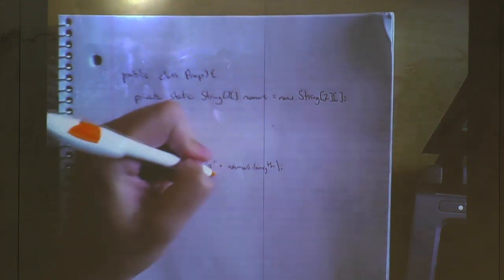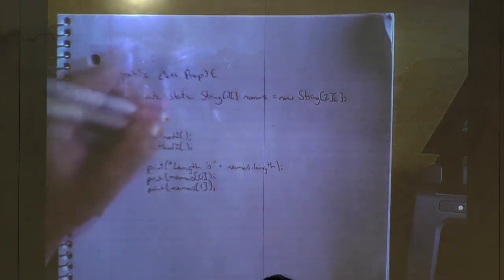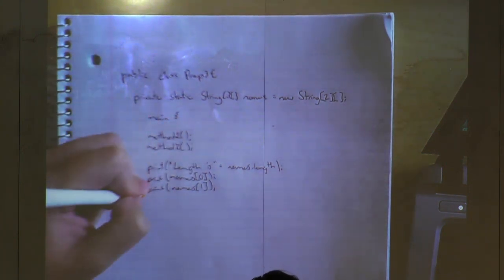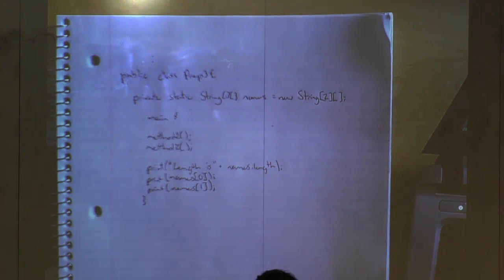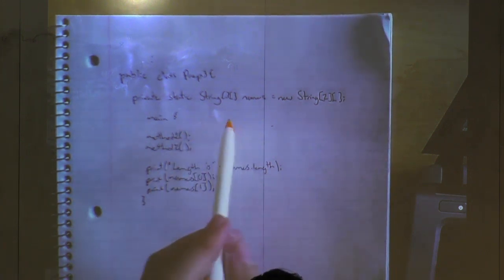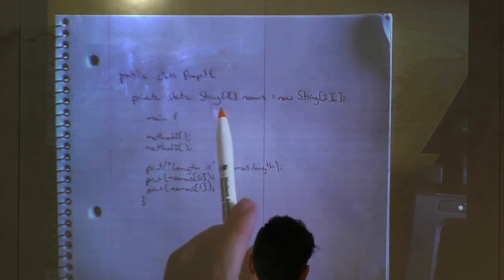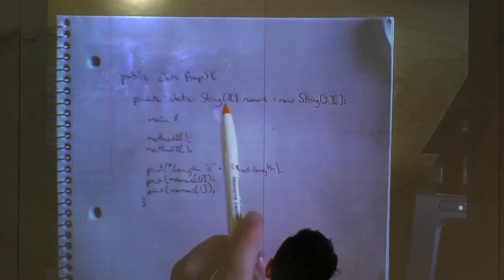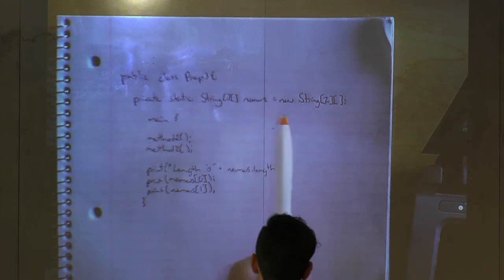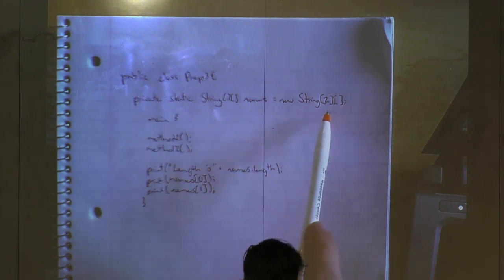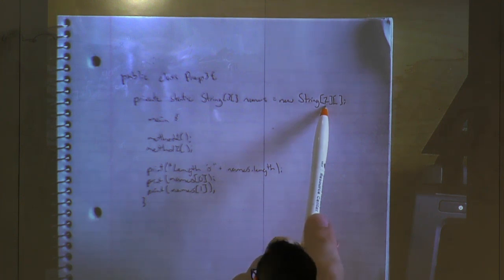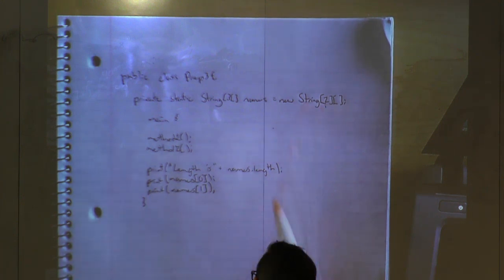So what this program is supposed to do is it creates an array, a 2D array of strings, and it's going to contain two. I need to look at the rest of the question.